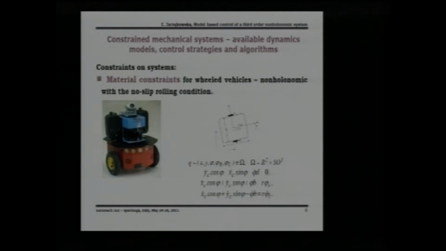We call them material constraints, given by nature, in the sense that this is the way we describe the interaction between the ground and the rigid wheel. So it's classical. You take Lagrange equations with the multipliers, then you decouple the multipliers, and you can use nonlinear control methods, and it works.